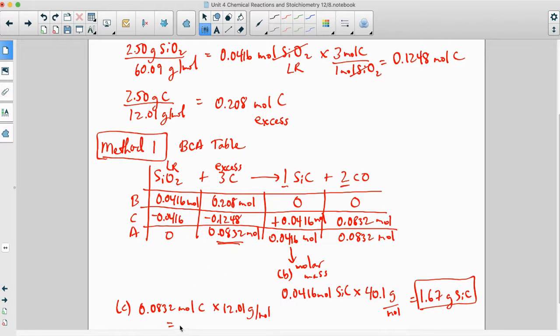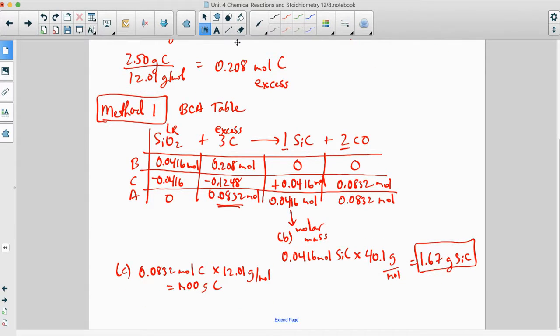It's 2 sig figs, maybe 3. That would come out to 1.00 grams of carbon. Let me fix that 1. Okay, that's 1.00 grams of carbon left over. Okay, so that's the BCA table method to answer this problem.